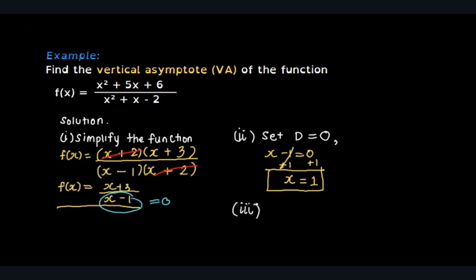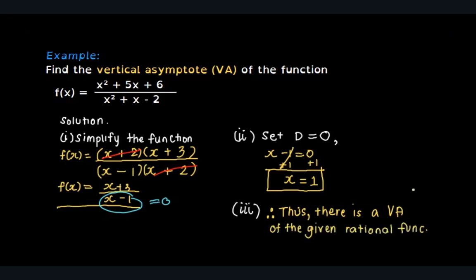Therefore, thus, there is a vertical asymptote of the given rational function, and that is x equals 1.